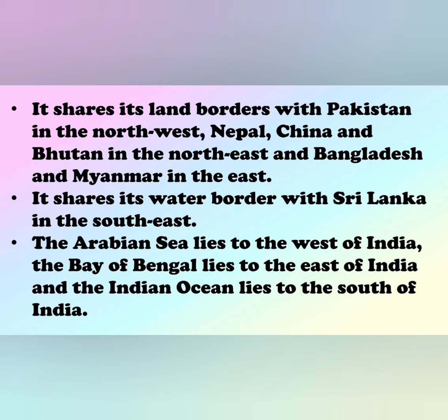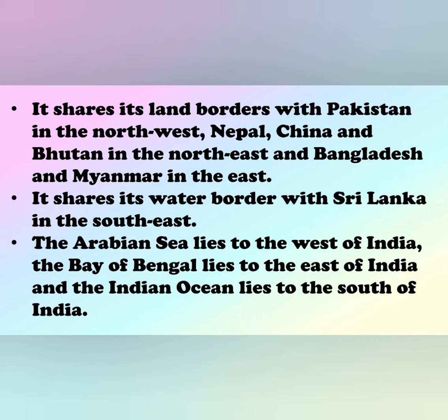Next, India shares its land borders with Pakistan in the northwest, Nepal, China and Bhutan in the northeast, and Bangladesh and Myanmar in the east. Next, it shares its water border with Sri Lanka in the southeast.